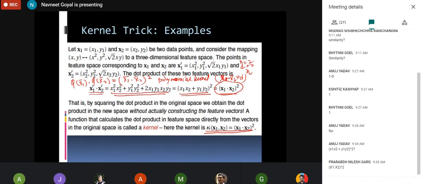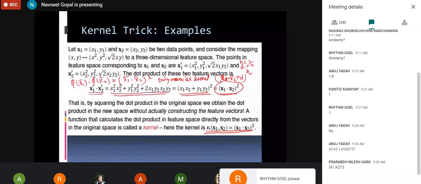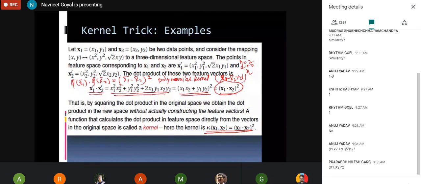Please feel free to ask questions. Any questions? Anything that is not clear? Because this is the main concept about kernels.